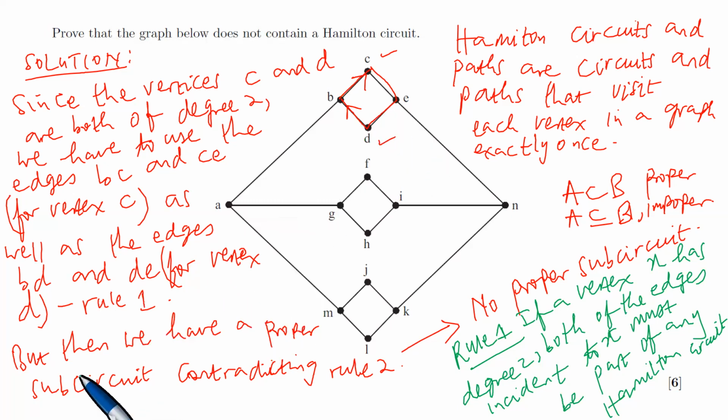That is rule 1. But then we have a proper subsecond contradicting rule 2. If we use these edges here, then this becomes a proper subsecond. What is a proper subsecond? It is a second not containing all the vertices, which can be formed when building a Hamilton second.